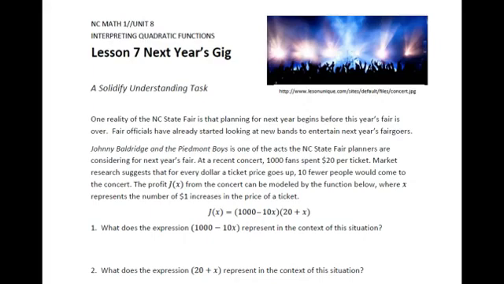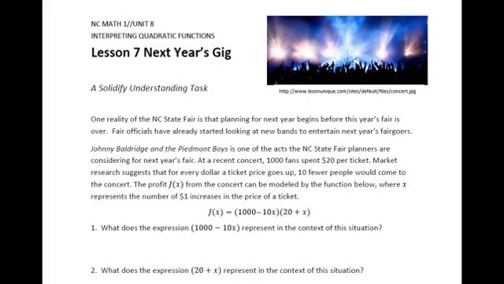One reality of the North Carolina State Fair is that planning for next year begins before this year's fair is over. Fair officials have already started looking at new bands to entertain next year's fairgoers. Johnny Baldridge and the Piedmont Boys is one of the acts the planners are considering for next year's fair. At a recent concert, 1,000 fans spent $20 per ticket.